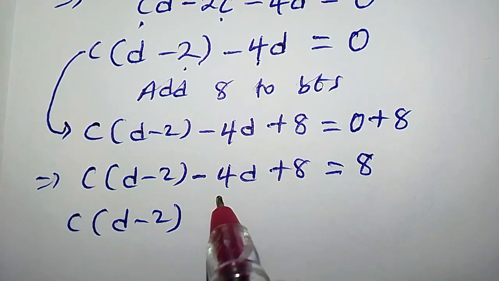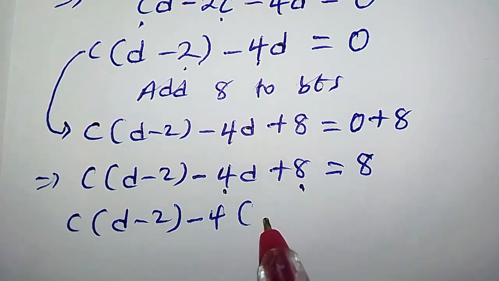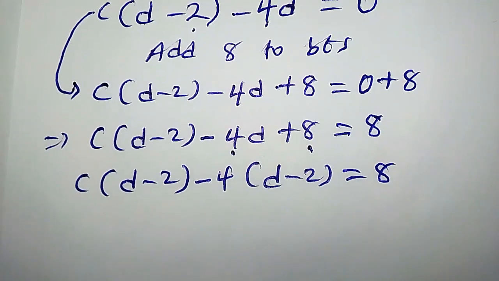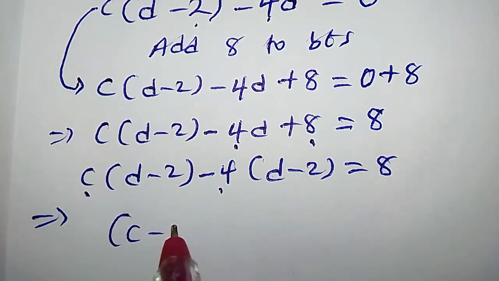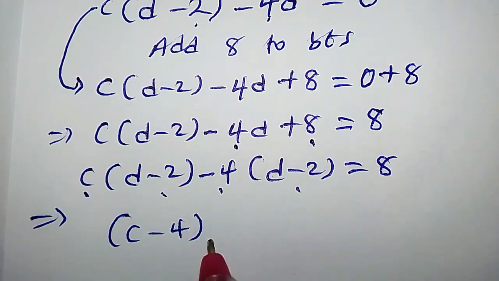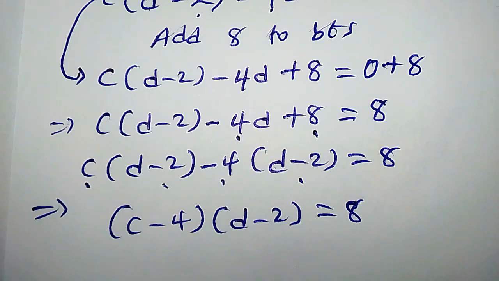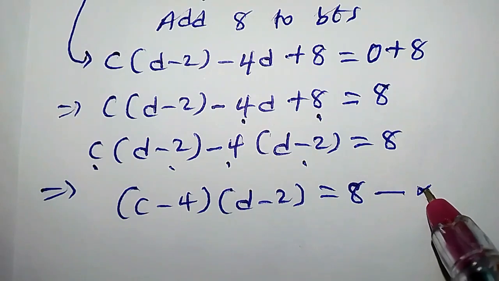We can factor out minus 4 from these two terms. So we have minus 4 into D minus 2 equal to 8. This means that C minus 4 times D minus 2 is equal to 8. Let us take note of this equation. We can call it equation star.